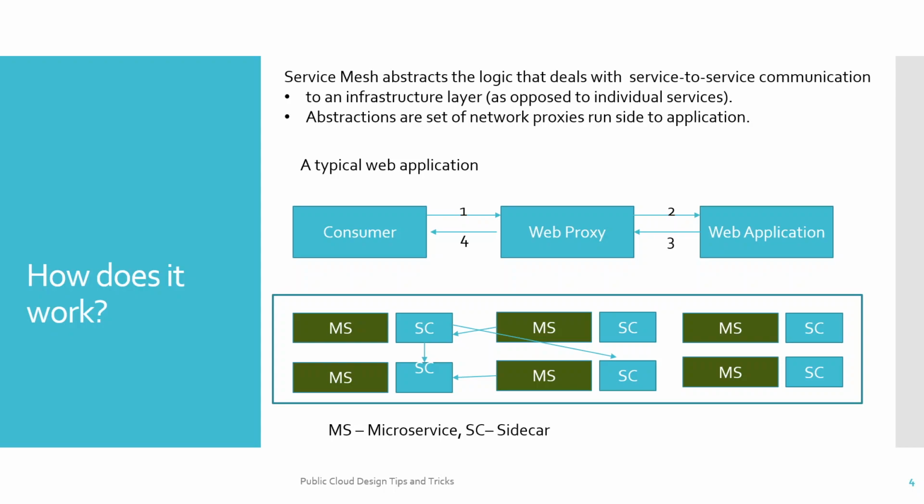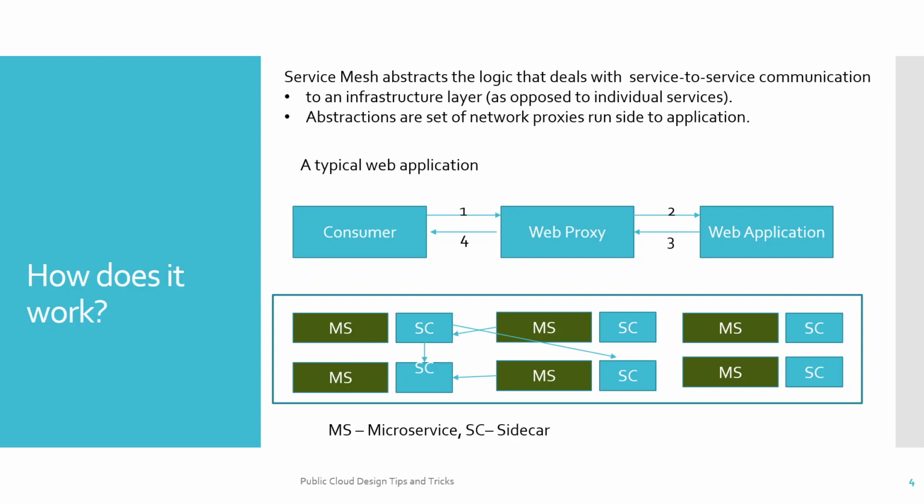We already discussed a service mesh abstracts the logic that deals with service to service communication. Service to service communication means a microservice communicates with another microservice, or a consumer or an enterprise tries to connect to a microservice within a container platform. So it always considers an infrastructure layer as opposed to individual services.